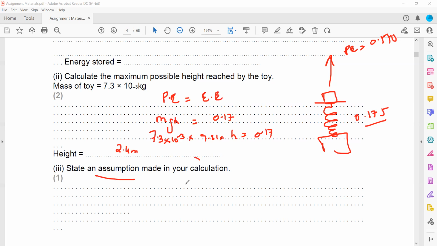And one assumption we made in our calculation is that there is no energy loss, or all of the elastic strain energy changes into gravitational potential energy. There is no energy loss because of air resistance or within the material or the spring.